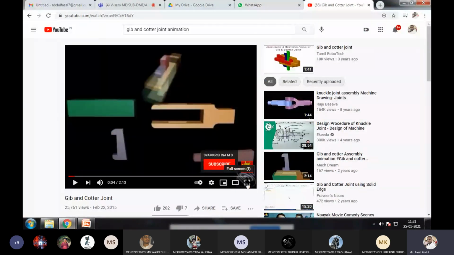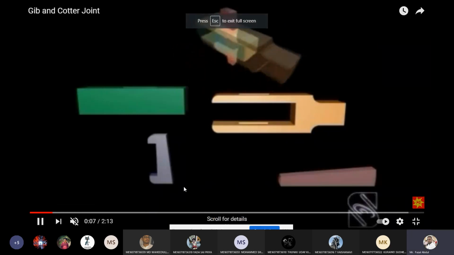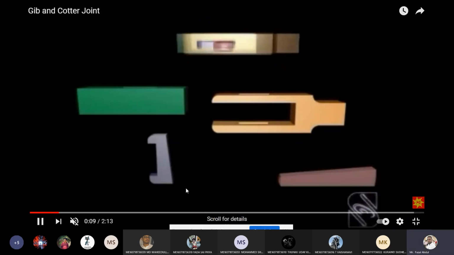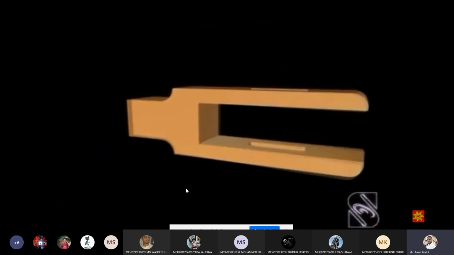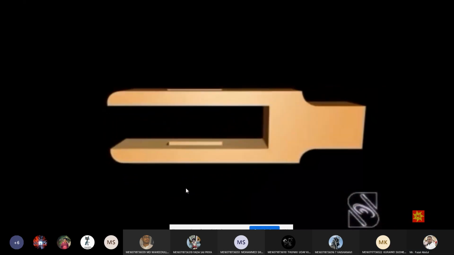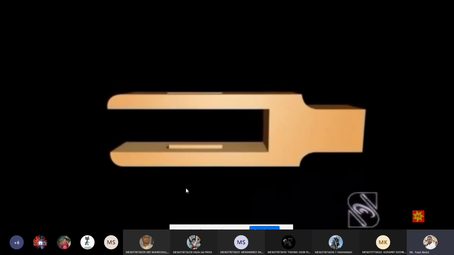Just see this video. You have seen this one, gib and quarter joint. I want to rewind this one. So this is the one strap having the square cross section.